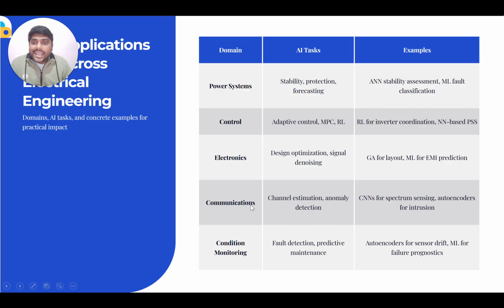In communication, AI helps with channel estimation and anomaly detection using methods like convolutional neural networks for spectrum sensing. Finally, condition monitoring. We use AI for fault detection and predictive maintenance using autoencoders and other ML techniques for failure prognostics.